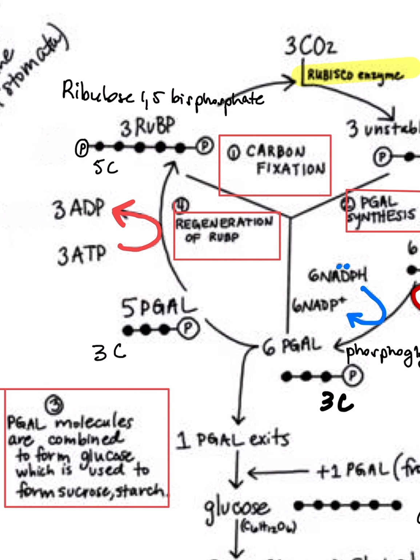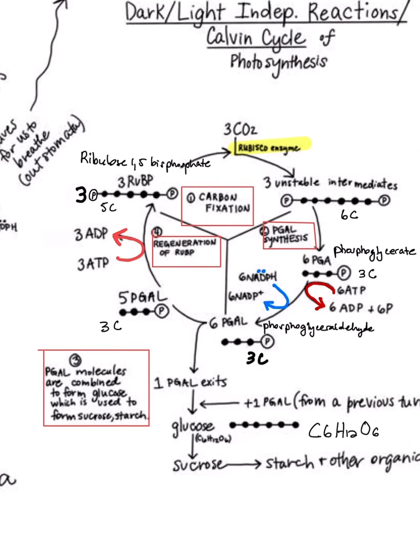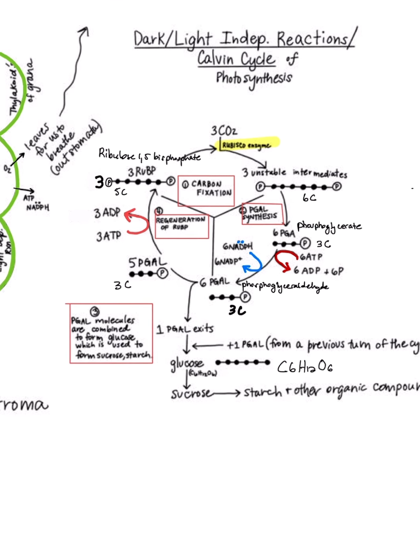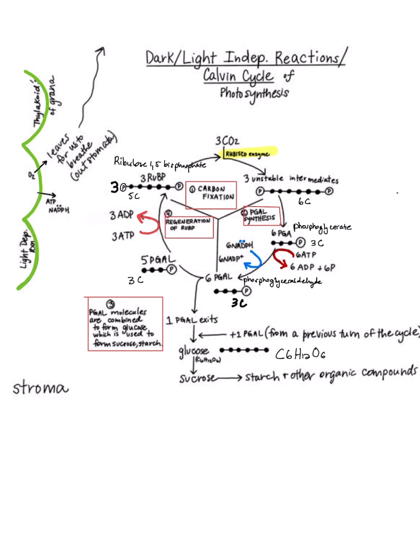We don't have all the reactions drawn in there, but we do need 3 ATPs in the end here if we want to produce our 3 molecules of RUBP up here. So that brings us back to the start of the cycle, and if we have more CO2 available, that can also be incorporated and the cycle will continue as long as we have the enzyme, as long as we have carbon dioxide and some ribulose 1,5-bisphosphate. This happens in the stroma of the chloroplast, and of course the light-dependent reactions occurred in the grana where we have the thylakoid membranes.